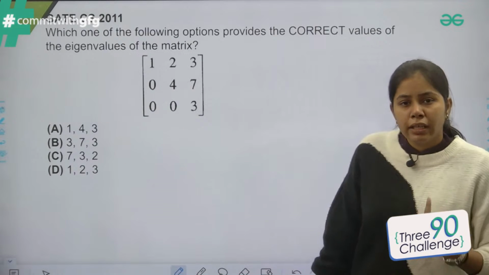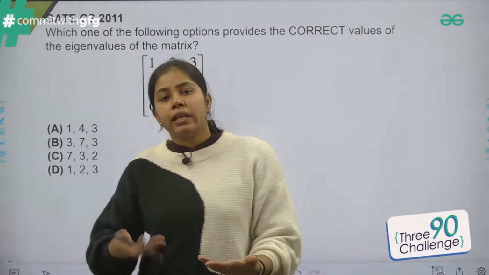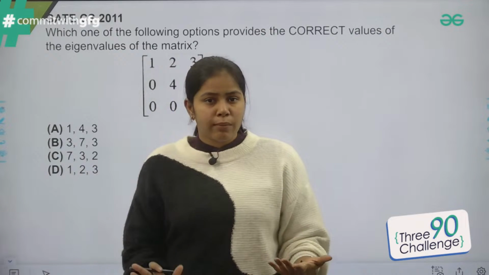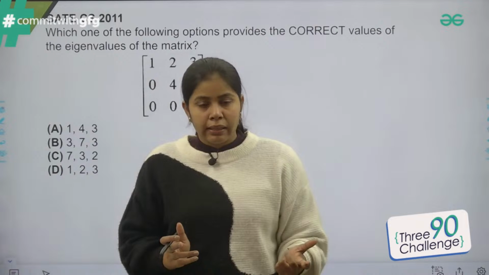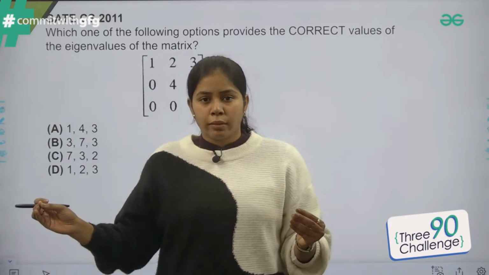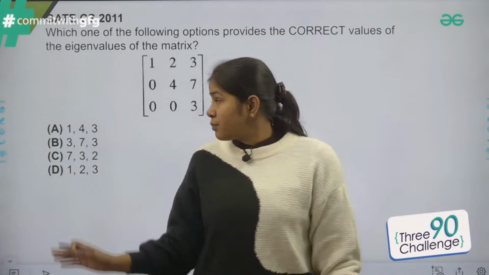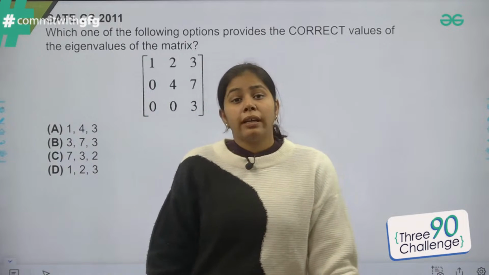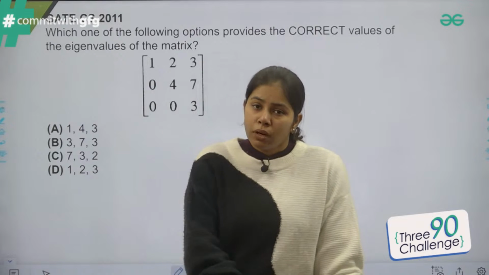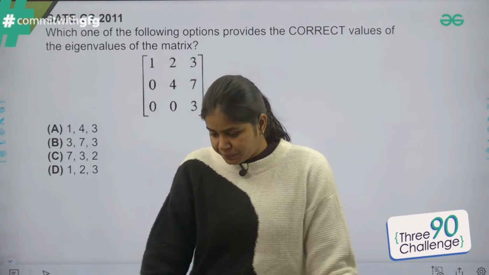But you know that it would give me a cubic polynomial, and then equating it to 0 would give me some lambda values, but that would be a little bit lengthy, right? And I do not want to solve questions in a longer manner. I just have to solve questions in as little time as possible, so that I can give more time to other questions which will be longer, right?